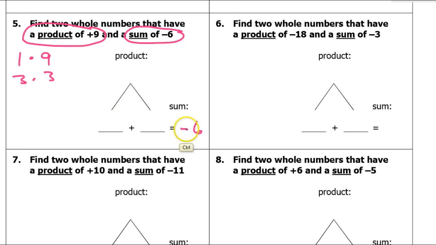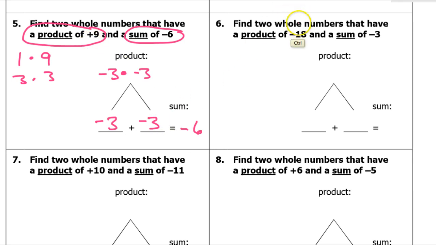Which one of these can lead to a negative 6 sum? Well, if we do the 3 times 3, if both of these are negative, that would make a sum of negative 6. So, as far as a product, that would mean negative 3 times negative 3, which does give me a product of positive 9.